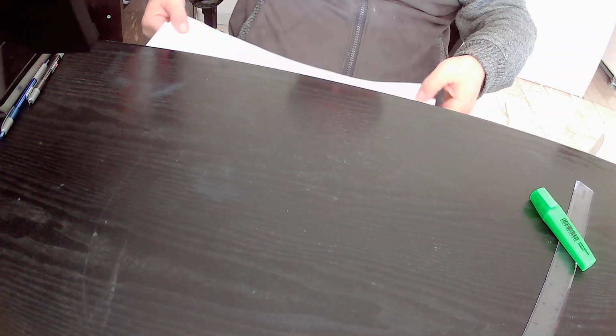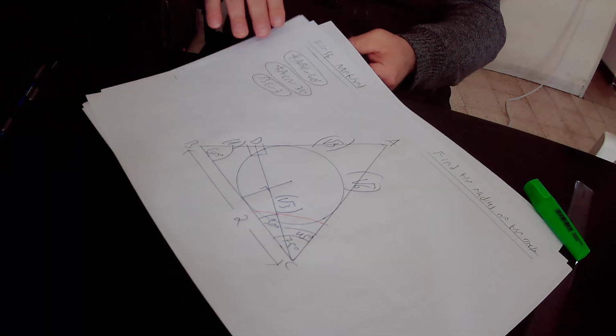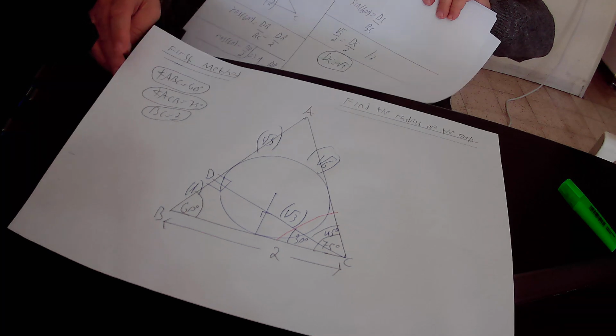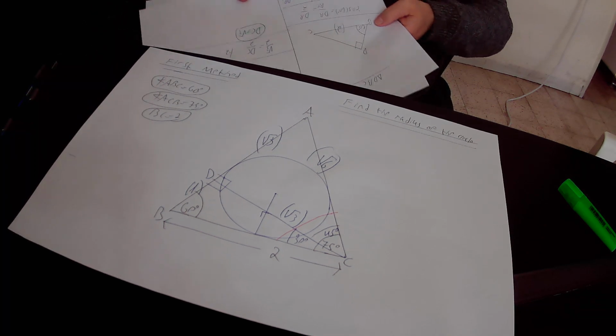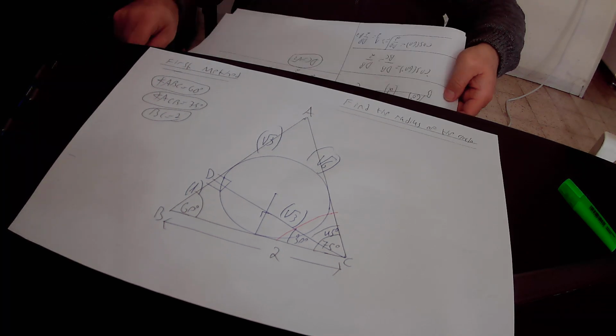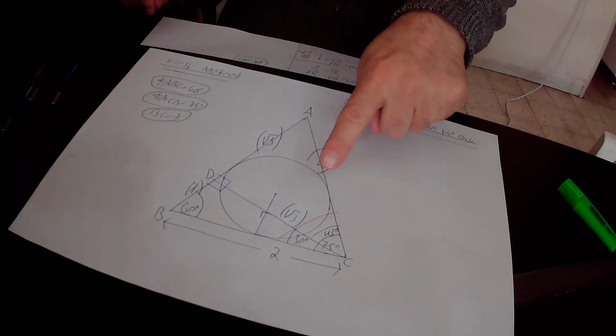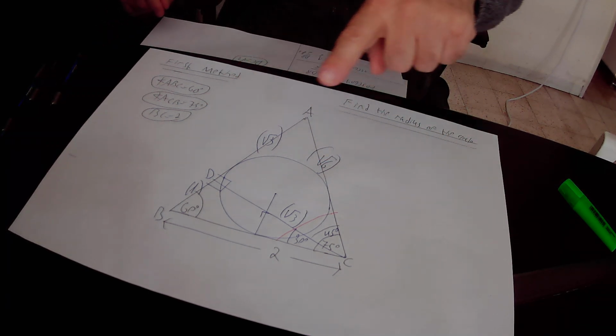So in the first method, we did the construction. That is to say, from point C we draw a perpendicular on side AB.